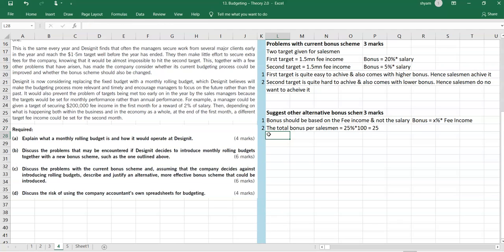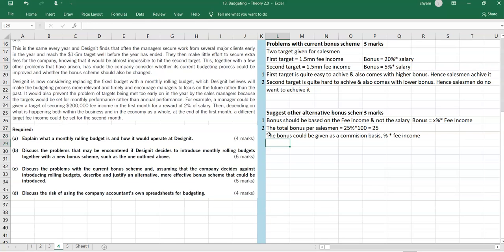on some other basis. Okay, so the bonus could be given as a commission basis. Okay, so that is, it can be based on percentage of fee income. Okay, so there's no target or anything.